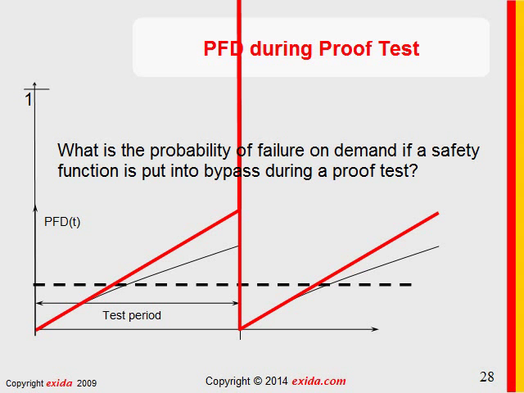If, for example, it takes you 8 or perhaps even 24 hours to run a proof test, 24 is a long time to leave a safety function in bypass. So let's say 4 hours is a realistic time to leave a safety function in bypass. But 4 hours during a 1 month period, that is a significant limitation. Think about it. Go do the calculation yourself real quick.